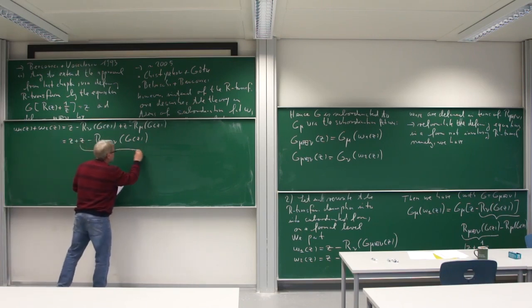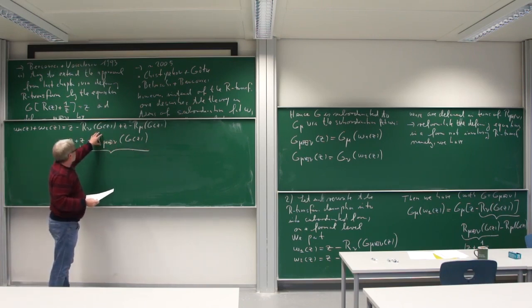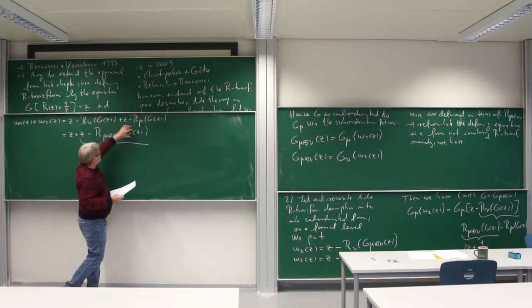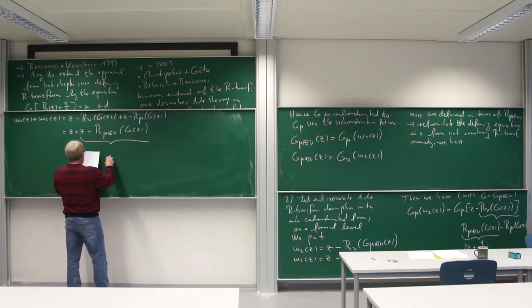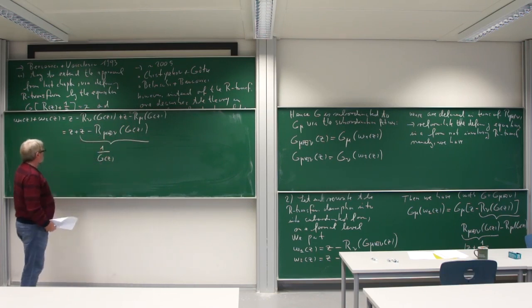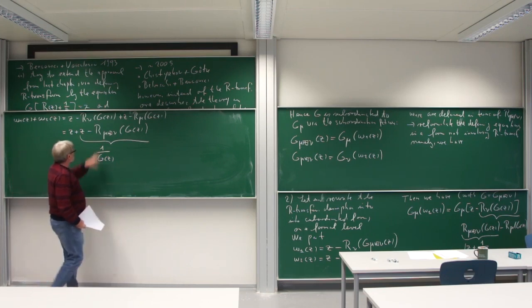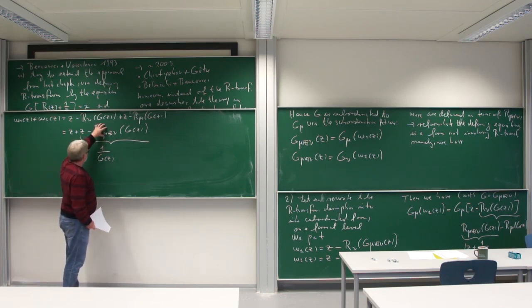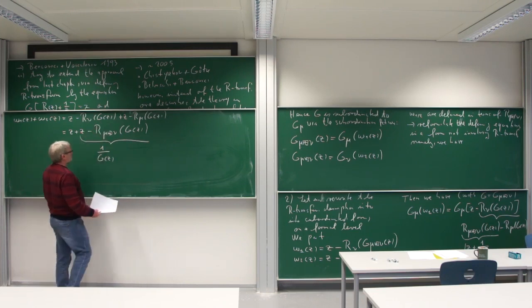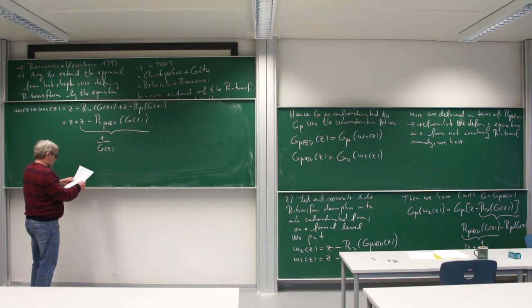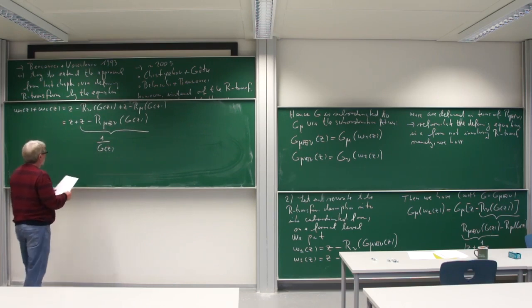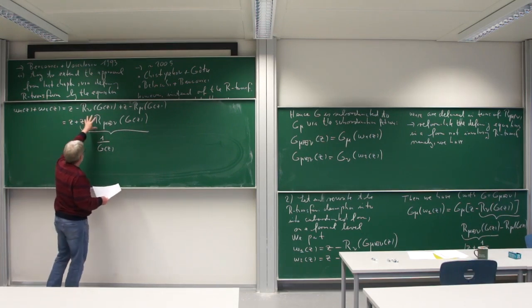And again, the R transform plus 1 over z is the inverse of the Cauchy transform, so this here is just 1 over G of z. So this minus this is equal to z. That's again the relation between R and G. Good, so you see I have this, and now I have got rid of the R transform.